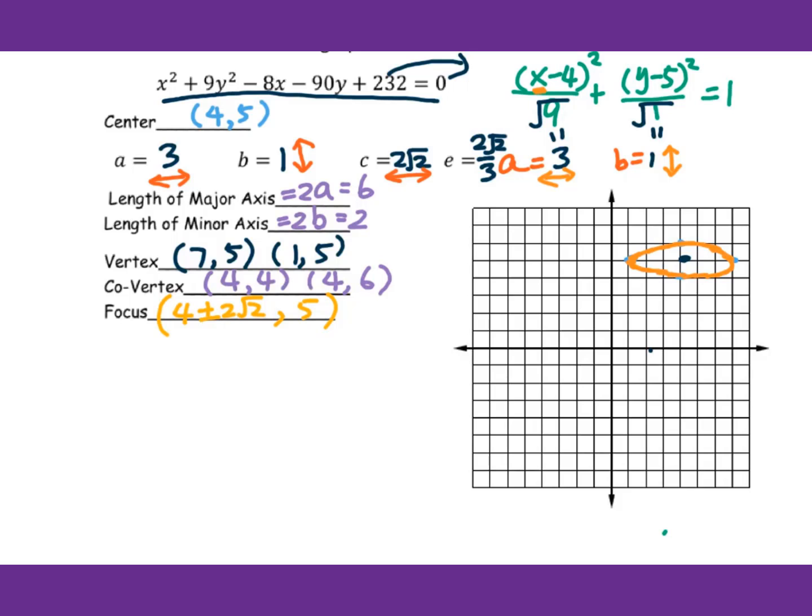This will be the ellipse. For the foci, 2 square root of 2, that's square root of 8. That's less than 3, greater than 2. So from the center, I go to the right 2 point something here. This will be the foci.